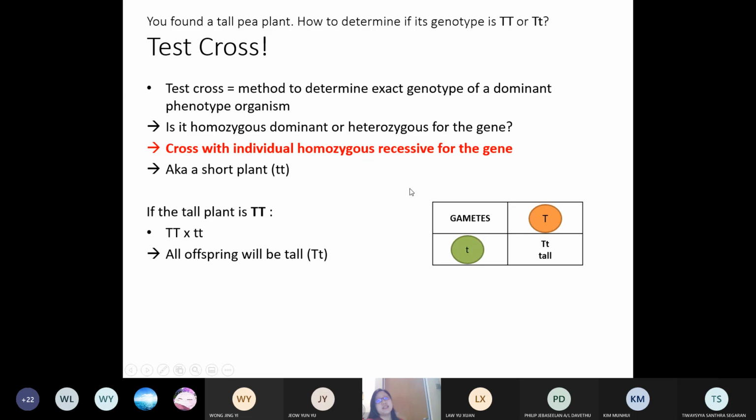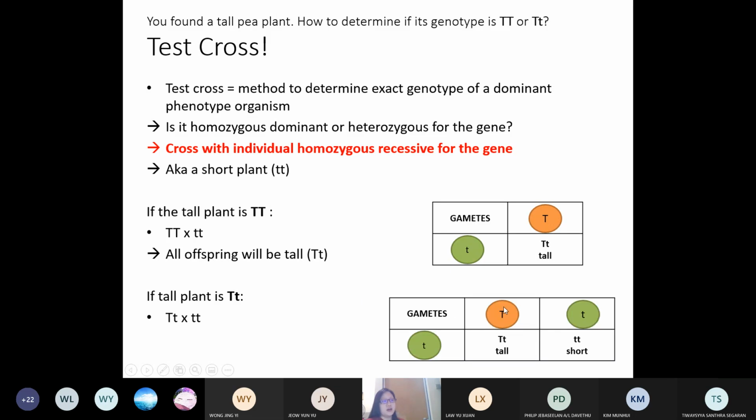If the tall plant is heterozygous, on the other hand, heterozygous cross with homozygous recessive. Now this is different. So the gametes will be this and this, right? So the offspring can be tall or short. It doesn't all have to be tall. And of course, you don't do it in one cross.